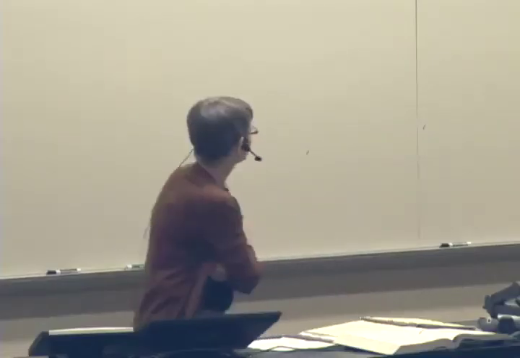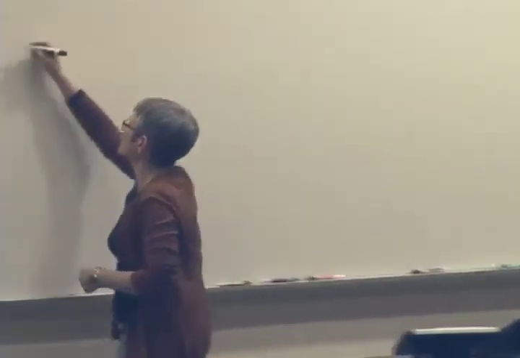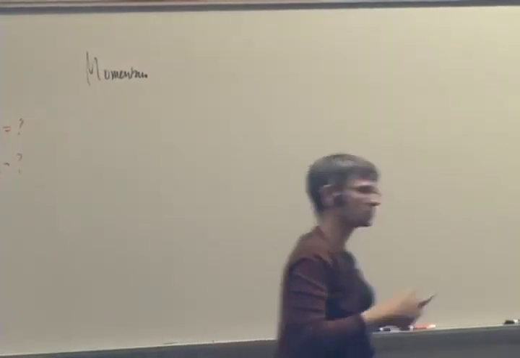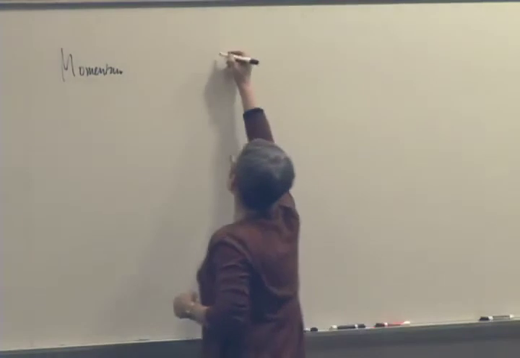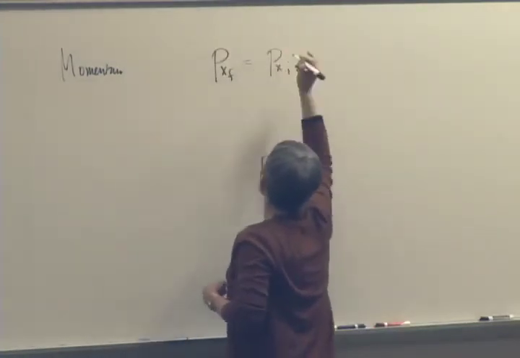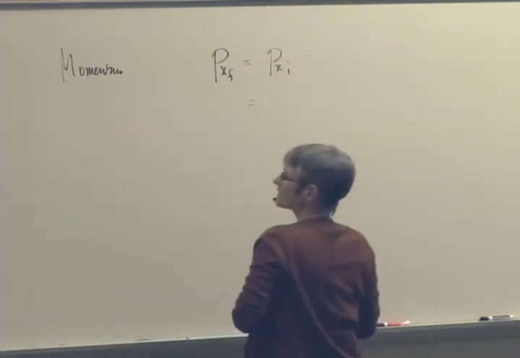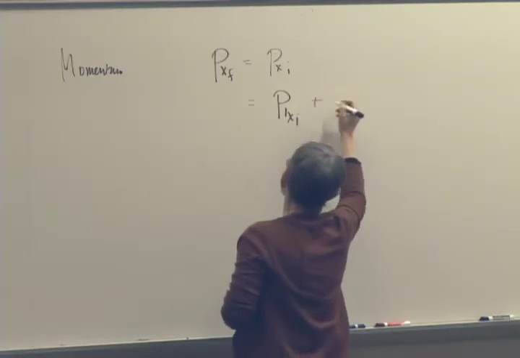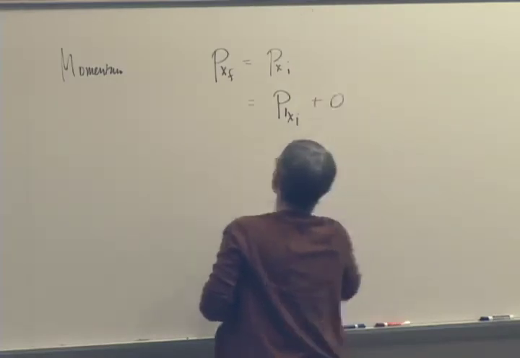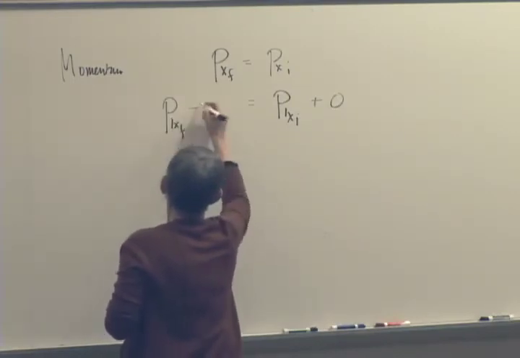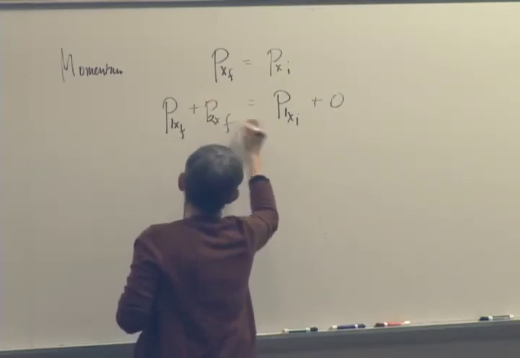So what do we write down for the momentum principle? Yep, P final equals P initial. What's our system? Both carts. Okay, so initially this is P1x initial plus 0. And we have P1x final plus P2x final.